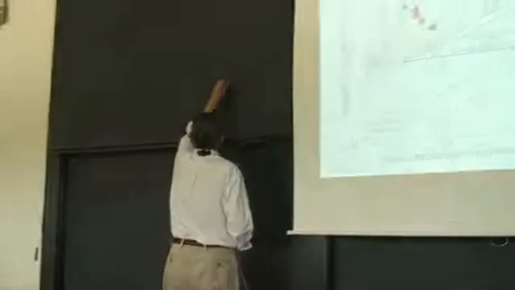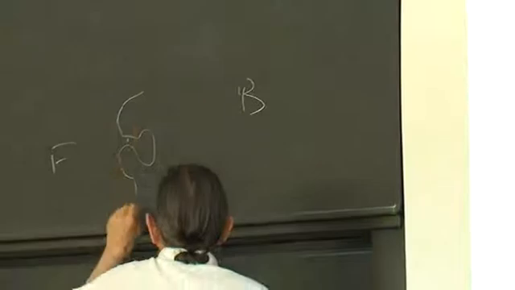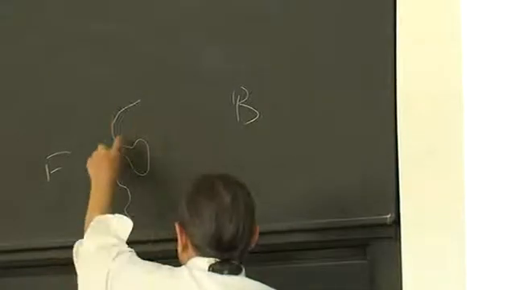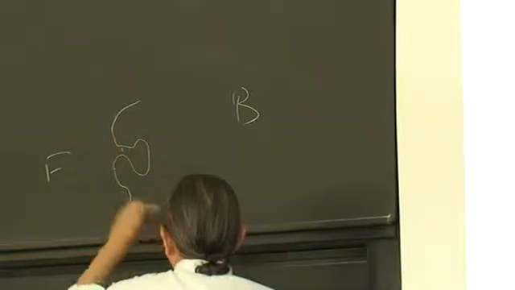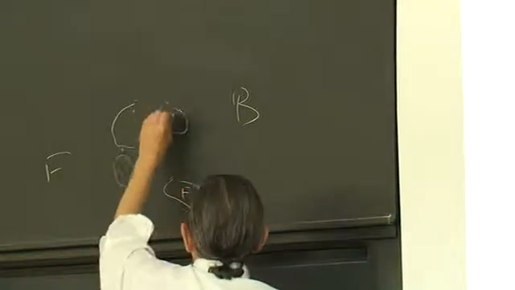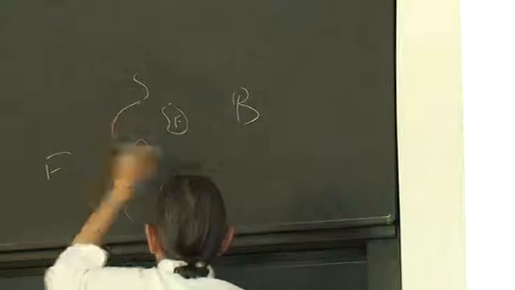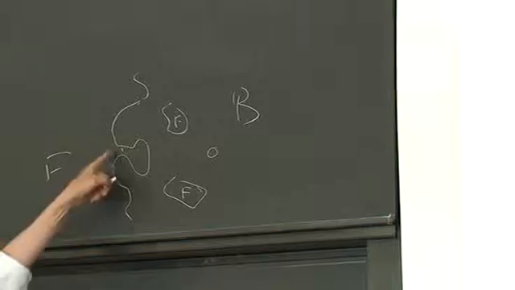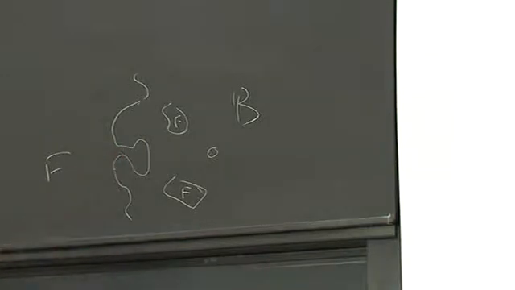a wrinkled front may, if this is fresh and this is burnt, come like that, and then these are propagating into each other, and eventually they may cut off pockets of fresh gas, so you may have fresh gas here, but no pockets of burnt gas, because the flame would have to propagate into the burnt gas.